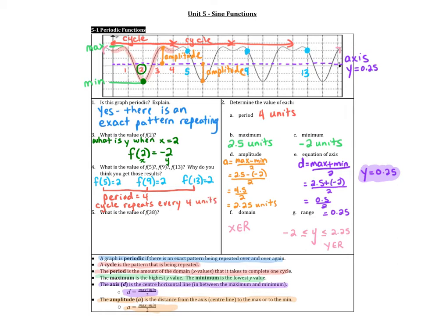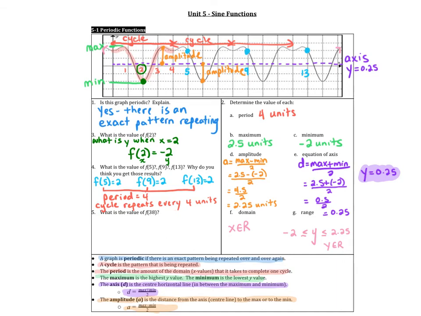Now, what makes this question important is when you get a question like this. What is the value of f of 38? Well, this graph only goes up to 15. So we don't know what f of 38 is because this graph only goes up to 15.